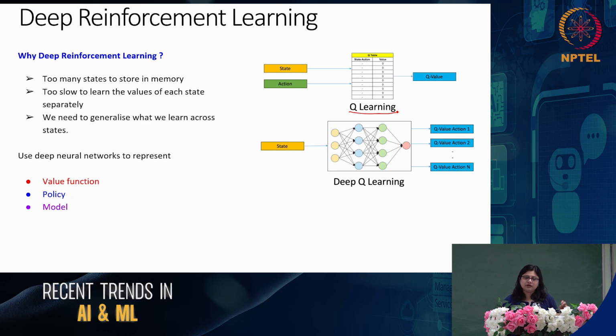So tabular Q learning was very popular, but then people realized that as deep learning is there, and the neural network is a good function approximator, can't we use deep learning or the neural network to approximate the Q value? So that is the idea.